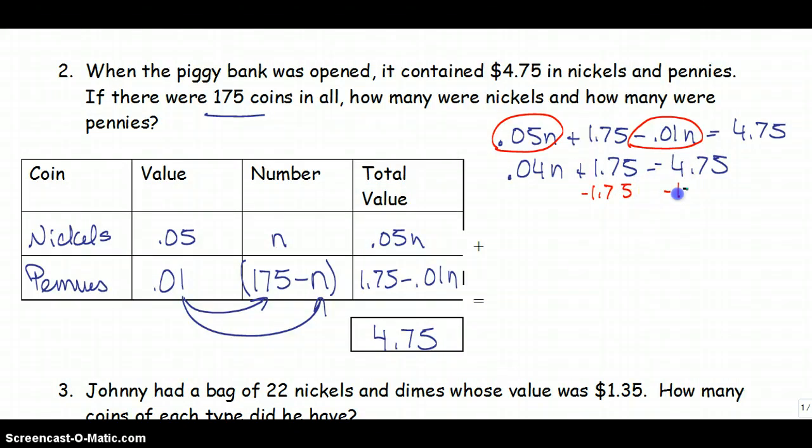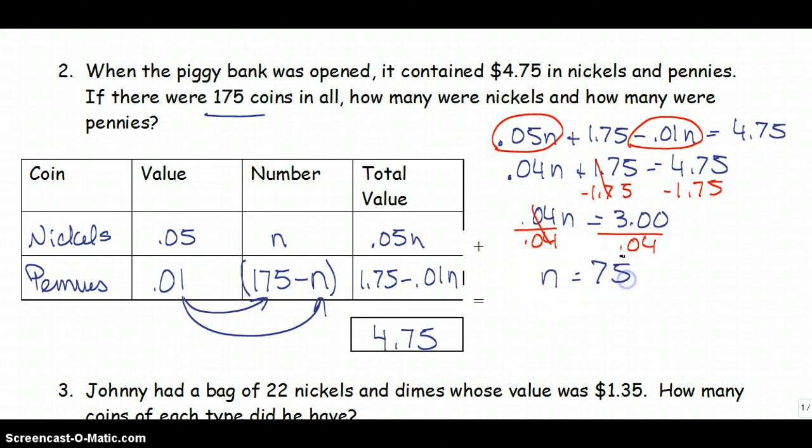Okay, so now while I'm subtracting $1.75 from both sides, that cancels out. We have 0.04n is equal to 4.75 minus $1.75 is equal to $3. Divide both sides by 0.04. And now I have n is equal to 75.